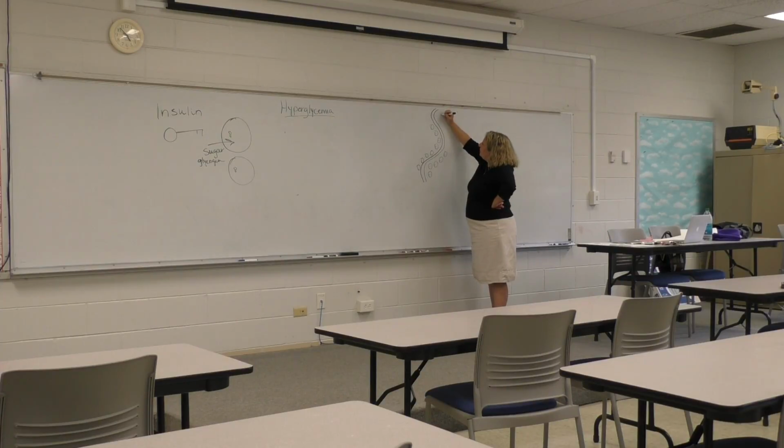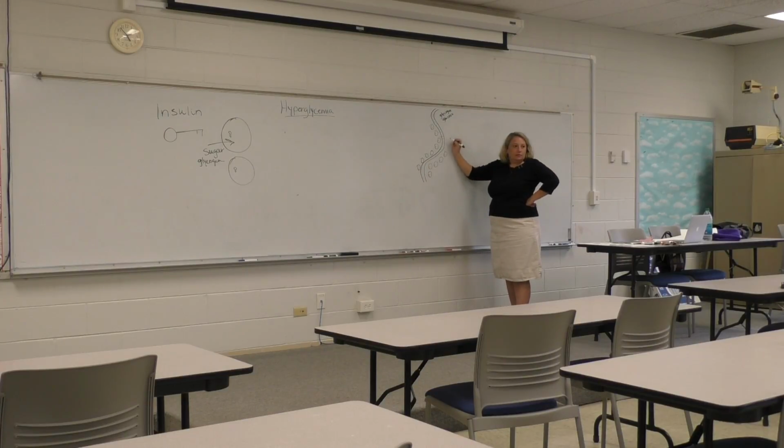They eat, and it gets turned into glycogen or glucose. So, we have all these little glucose molecules. And so we need the little key, the insulin, to open up the door to put all the glucose molecules into all the cells, right? Does that make sense?